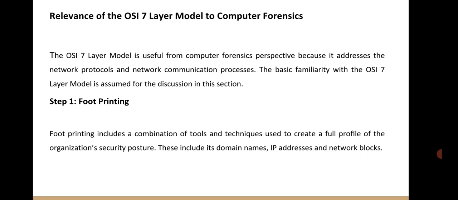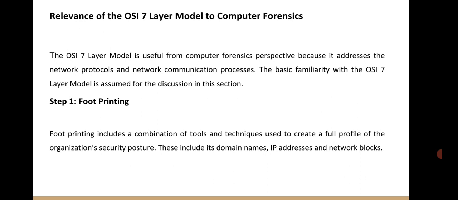When the data is transmitted over networks, the OSI 7 layer model processes the data in the 7 layers. The basic familiarity of the OSI 7 layer model is assumed for the discussion here.